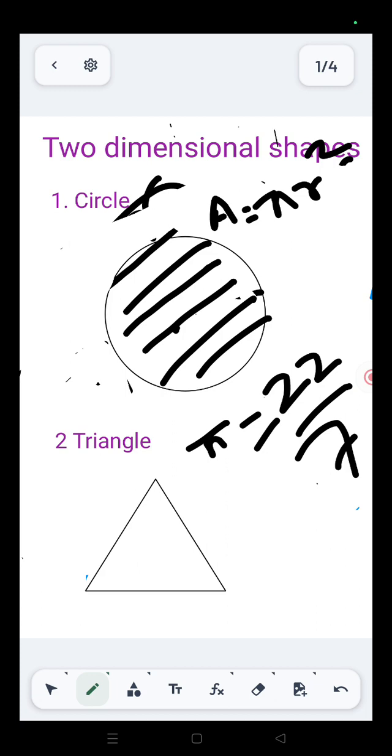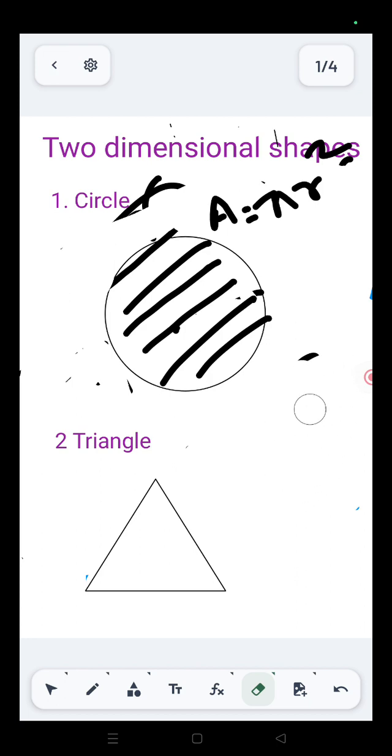Now the next figure is the triangle. A triangle is also a two-dimensional figure. A triangle is a closed figure which is made of three sides.